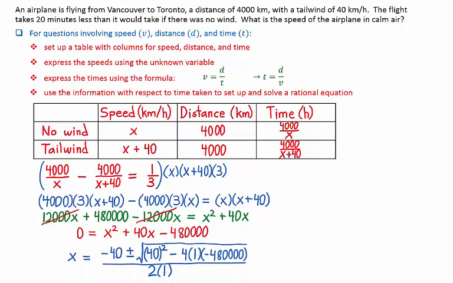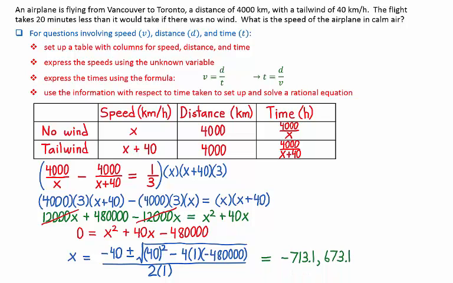In this case, x equals negative b, which is negative 40, plus or minus the square root of b squared minus 4ac, that's 40 squared minus 4 times 1 times negative 480,000, the whole thing divided by 2a, which is 2 times 1.